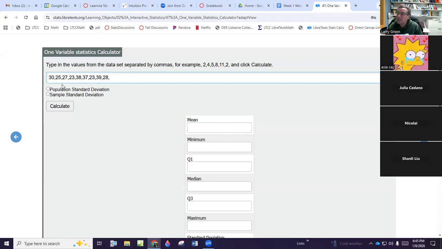So this is a sample, by the way. This is a sample of maybe all students that take statistics or something like that. So I'm going to go sample standard deviation. And then I click calculate.